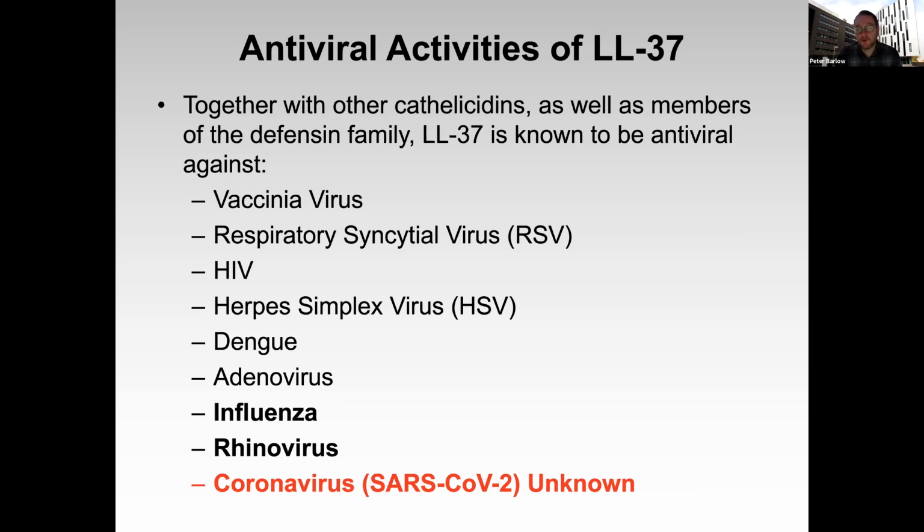At the moment, we know that LL-37 has antiviral effects against viruses such as vaccinia, RSV, HIV. We know it's antiviral against dengue. And we were the first to discover that it was antiviral against influenza and rhinovirus, which Dr. Morrison very kindly mentioned earlier as one of the main causes of the common cold.